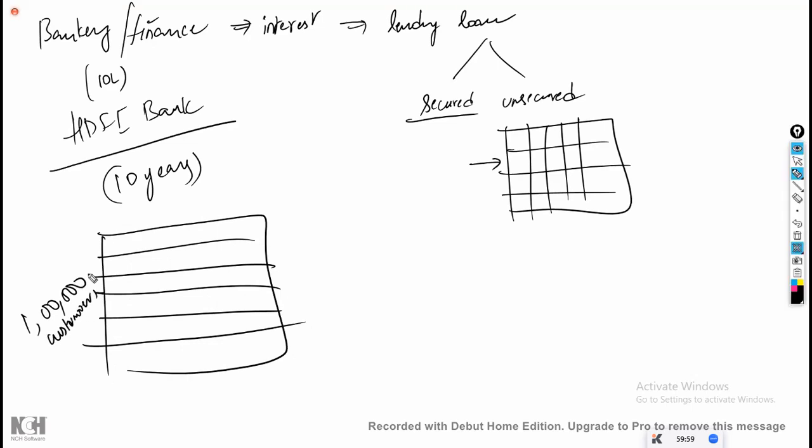Out of these 1 lakh customers, almost 99,000 people have repaid their loan, and 1,000 people have not repaid the loan. Whoever has not repaid the loan is called a defaulter, as per bank terminology.